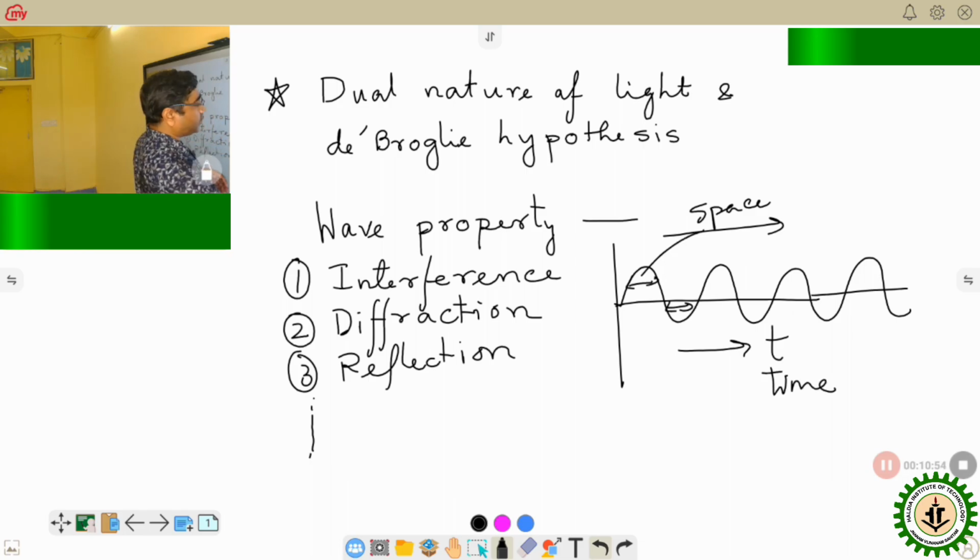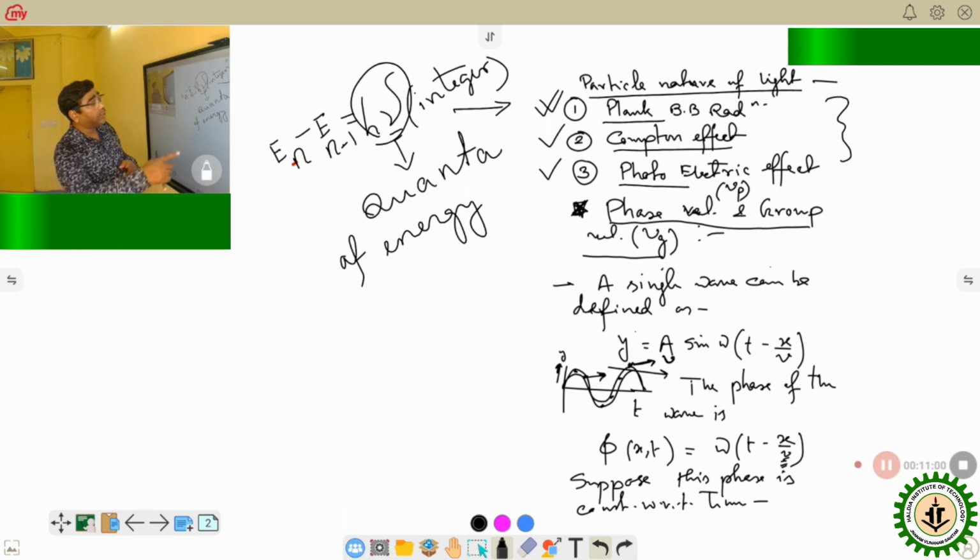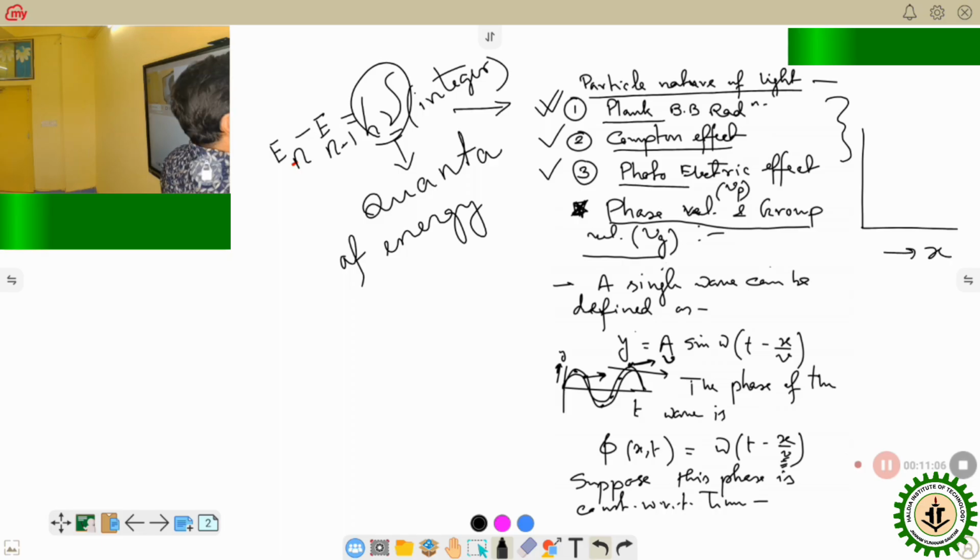Okay, these are the spaces. But we know particle nature is only explainable as we have obtained the concept from Newtonian mechanics that any kind of particle-related or associated properties are mostly dependent on a particular position and a particular time.